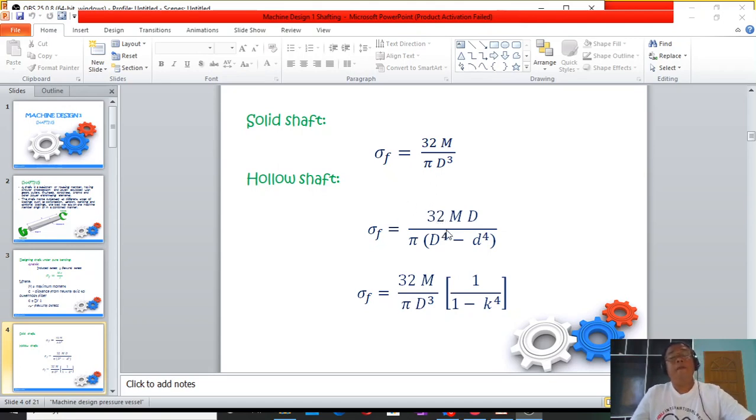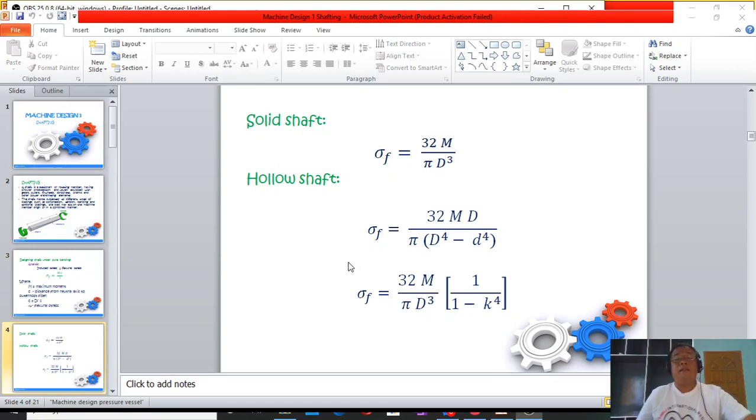So in that manner, the diameter at the numerator D divided by D raised to the fourth will become 1 over D cubed, which is now this D cubed here at the numerator. Okay?